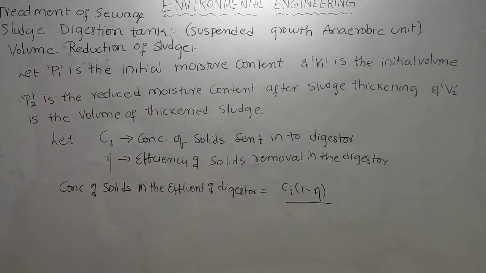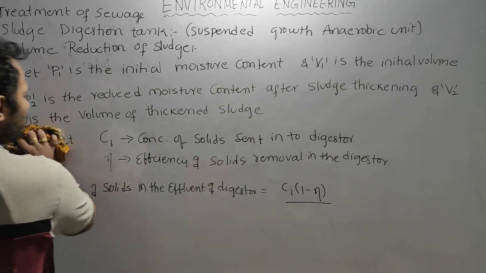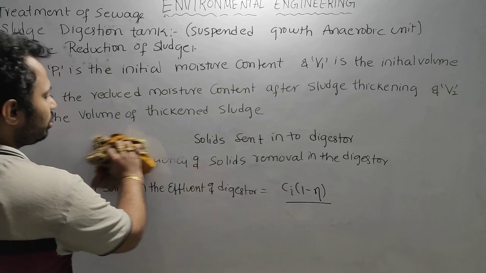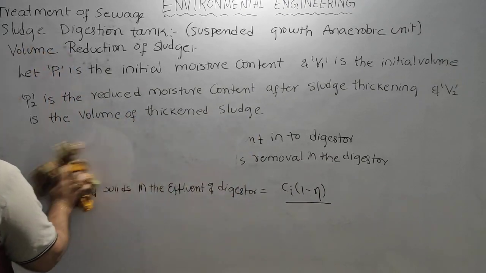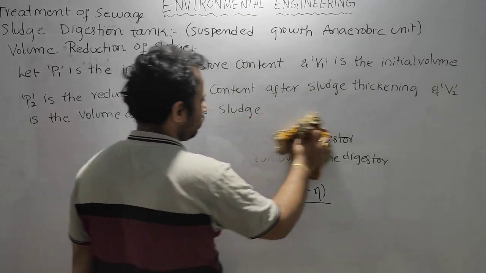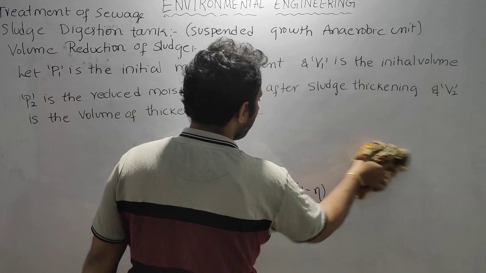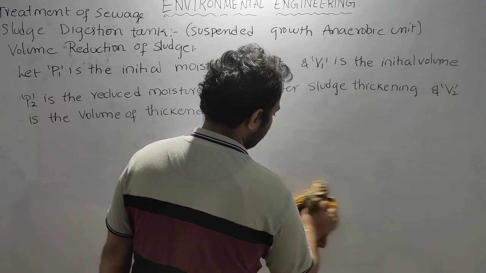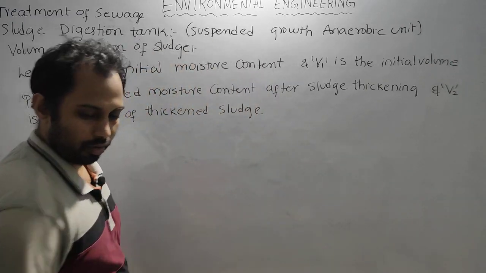Likewise, the system will destroy some solids and give some solids out of the system. So how many solids are coming out of the system? That will be calculated using this formula.